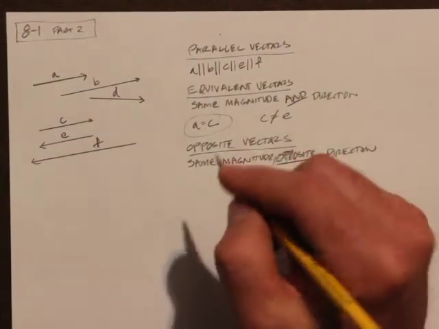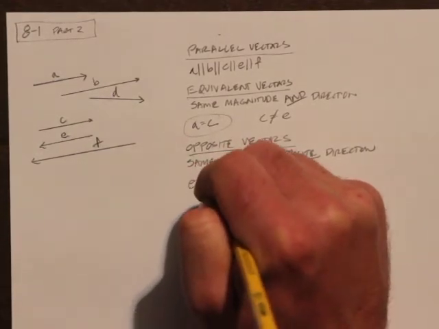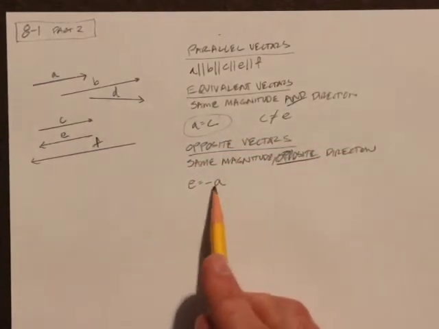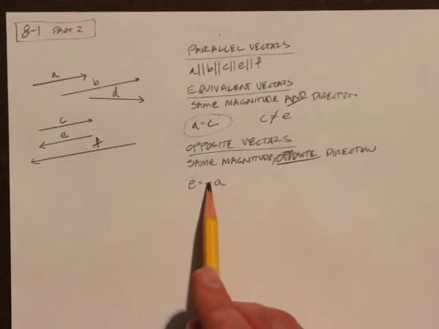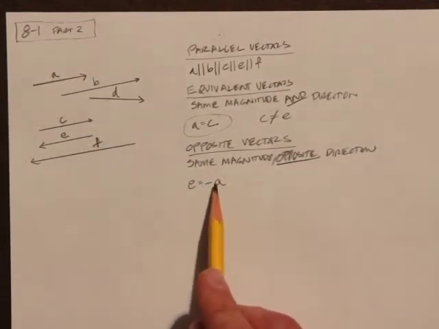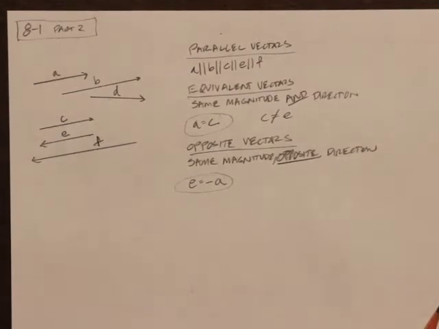So we write this as E equals negative A. If I was to flip A, then they would both be going the same direction. So E equals negative A. That's how we say these are opposite vectors.